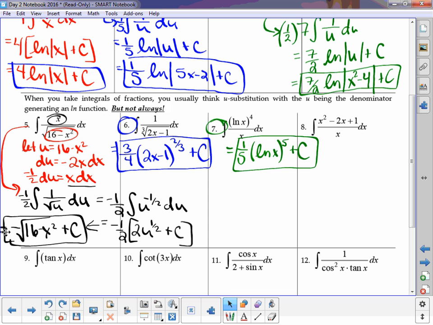Alright, so I put the answers up there, so as you do number 6 and 7, check to see if you got the same thing, see if you can get to that correct answer.